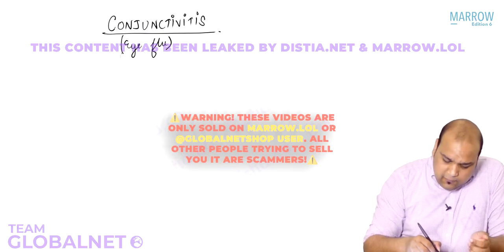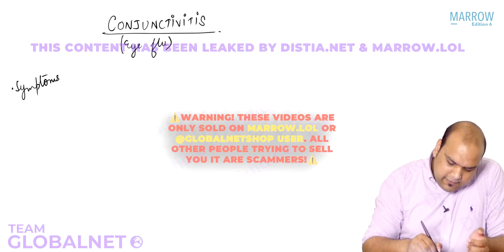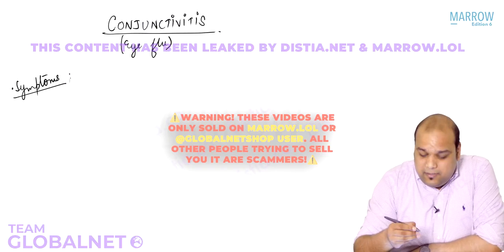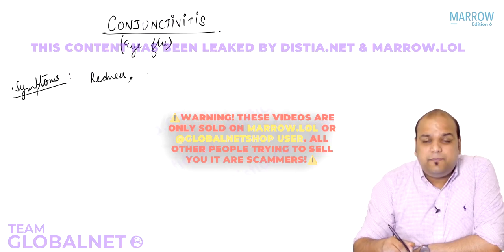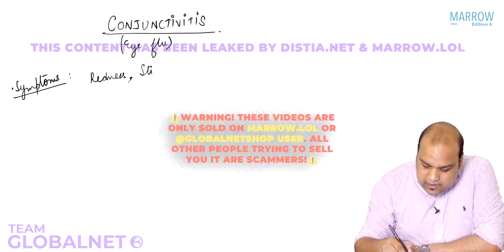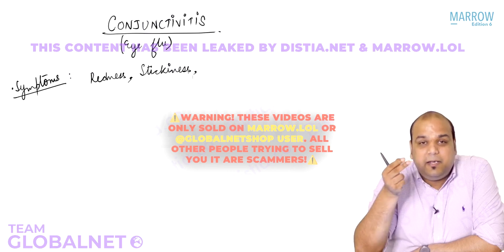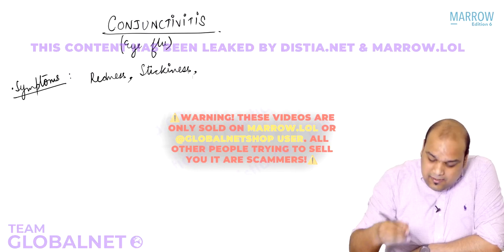Now, what will be the symptoms when you have eye flu or conjunctivitis? Think about it. What are the complaints you have? Number 1, your eye becomes red, redness. Then you have some kind of a discharge, which leads to stickiness. The patient will usually complain that when they wake up in the morning, their eyelids are stuck, everybody. They can't open their eyes.